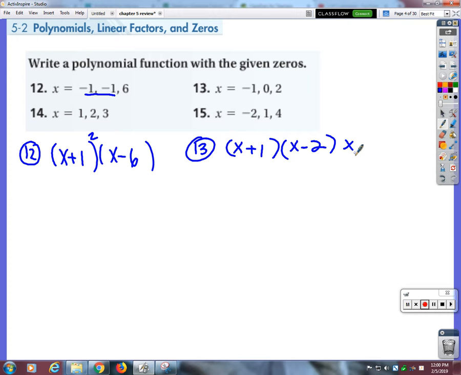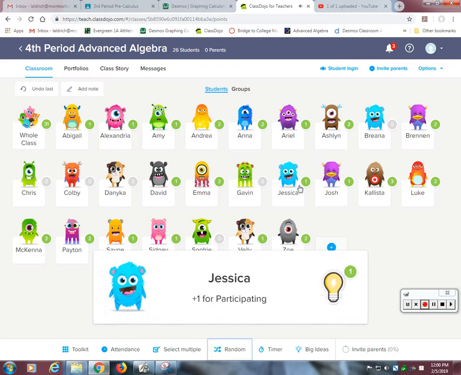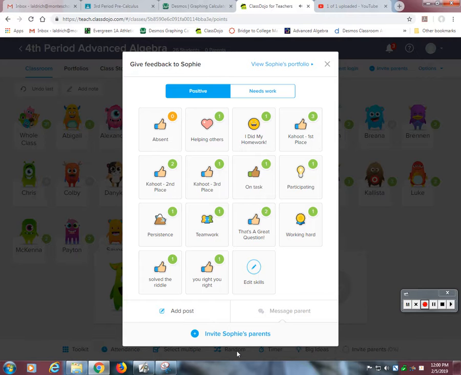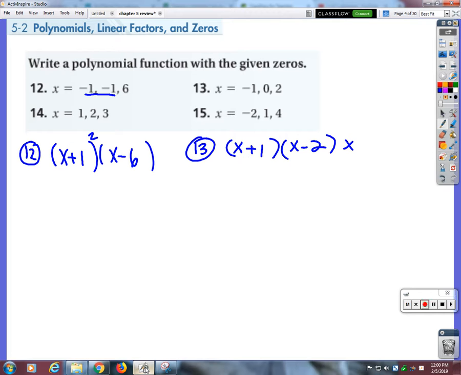You could put x minus 0, and you wouldn't be wrong, but it's a weird way to write that. You don't really need the minus 0. It can go at the end. Multiplication doesn't matter what order you do it in, so you could put it in the middle if you want to be crazy.